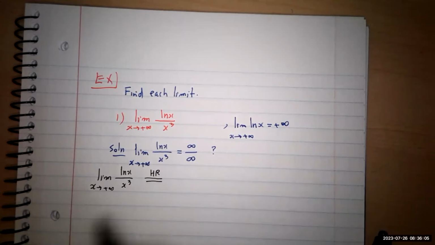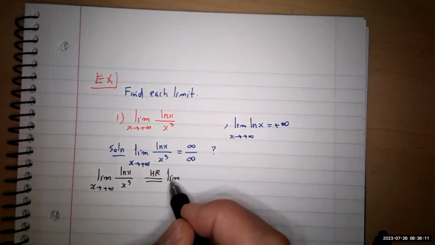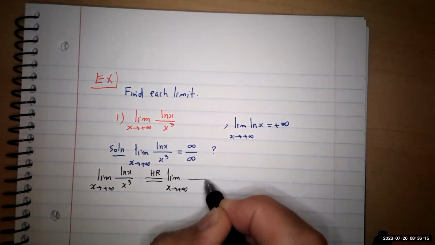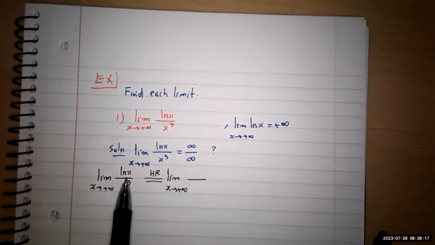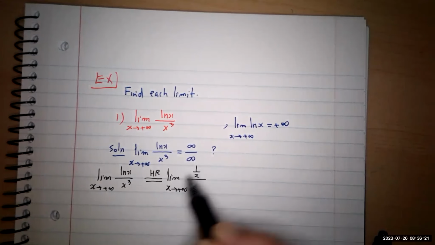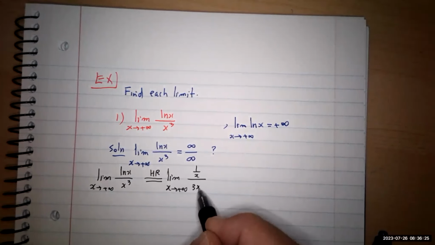L'Hopital rule, that's it. Remember, it's going to be equal to the limit of x goes to infinity. Now, derivative of the top. Derivative of ln x, 1 over x. Divide by the derivative of the bottom, derivative of x cubed, 3x squared. That's it.